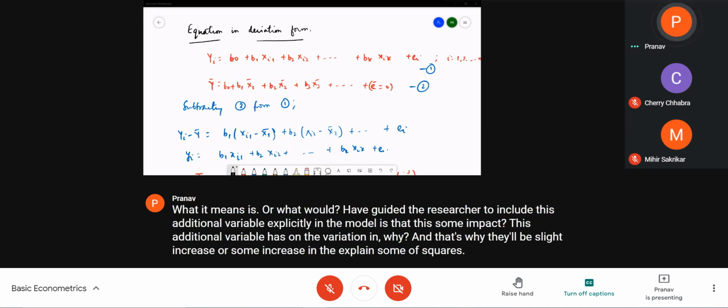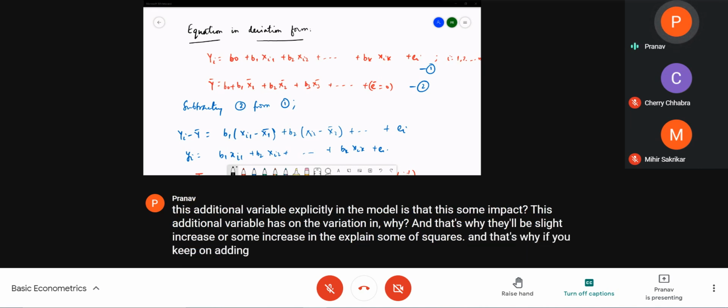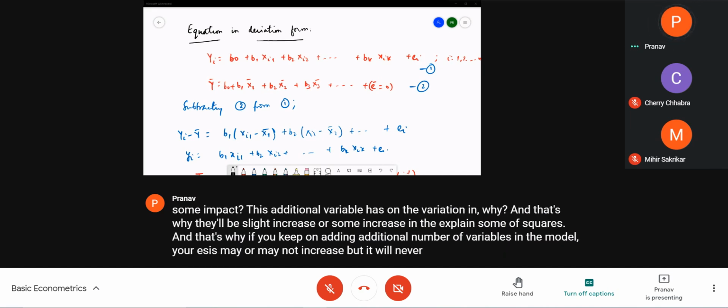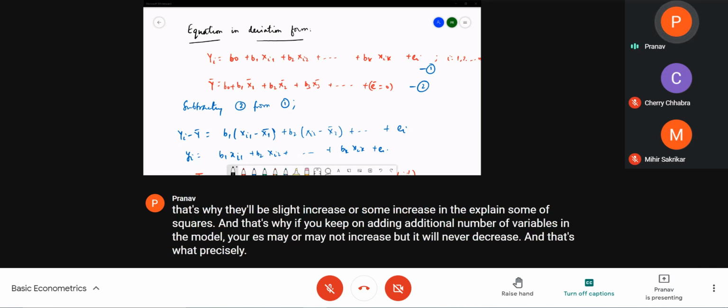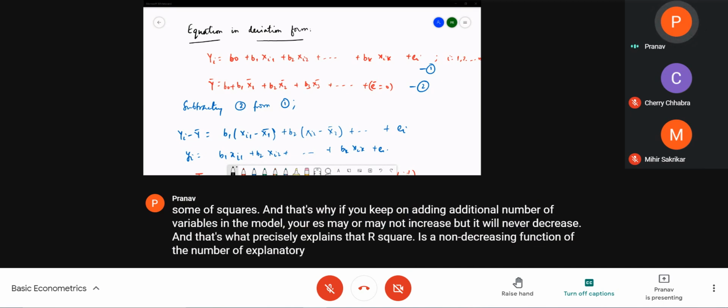And that's why if you keep on adding variables in the model, your ESS may or may not increase, but it will never decrease. And that's what precisely explains that R square is a non-decreasing function of the number of explanatory variables in the model.